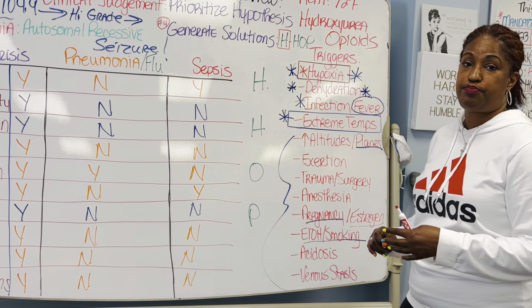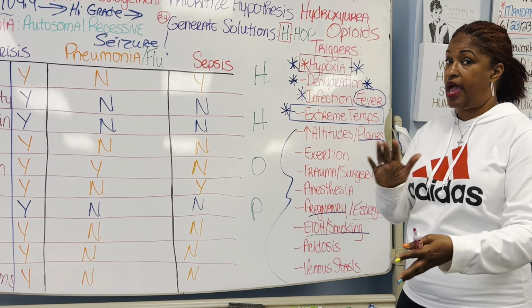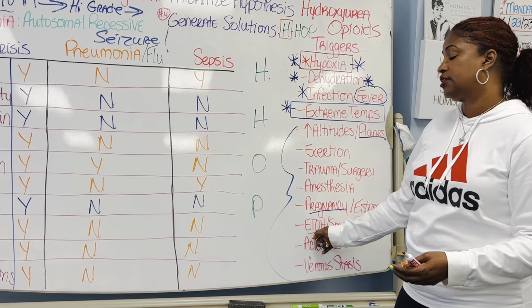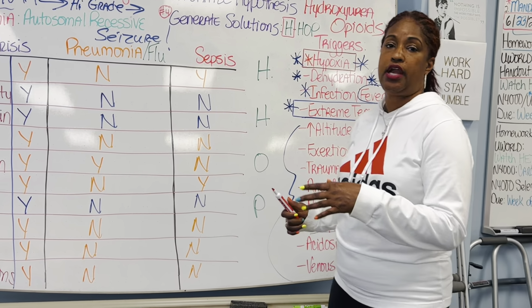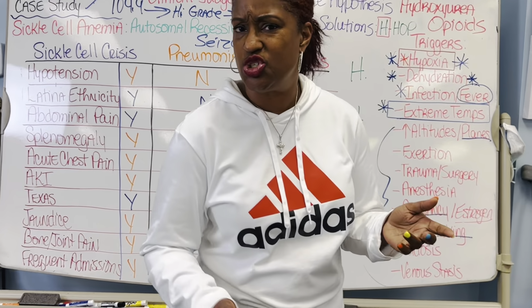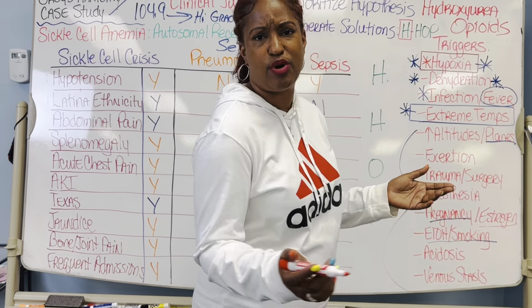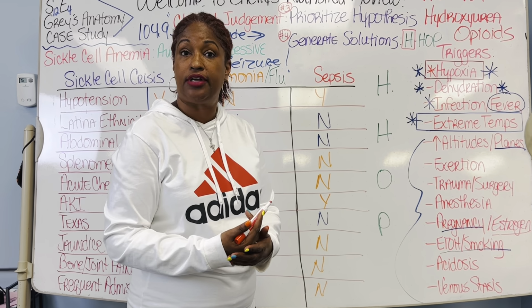We know that this patient will be encouraged to change up their lifestyle if they smoke or look like they're drinking every day. They need to nix that, right? And so we know that our females are not going to be given estrogen-containing birth control pills. We know that this patient needs a perinatologist before she becomes pregnant so we can manage her care in a way that optimizes the maternal child health.